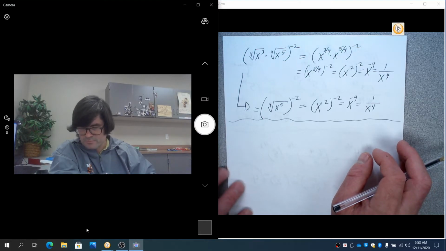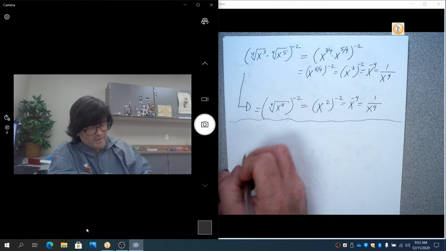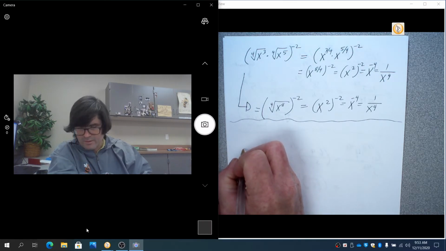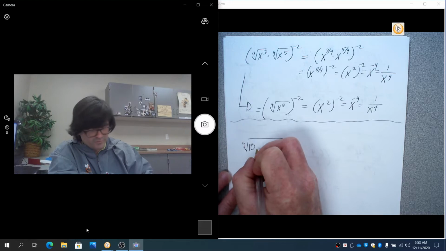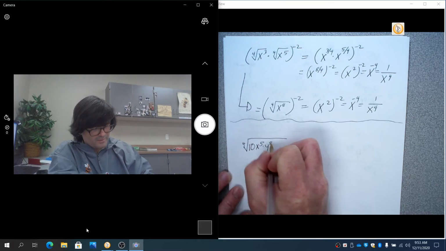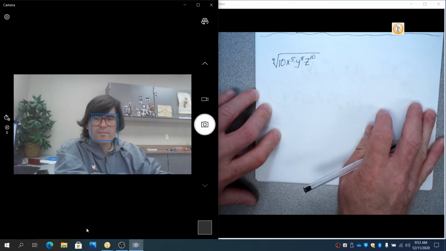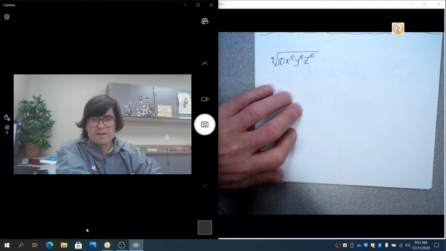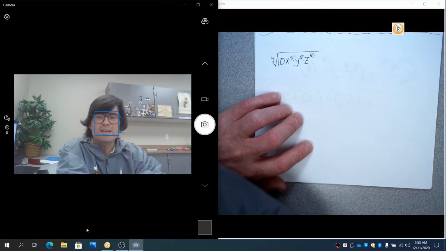Let's keep rolling. Sometimes you may have something that looks like this, and you're just asked to simplify it. X to the 5th, y to the 8th, z to the 10th. So here, I'm feeling like I might strike out because there don't appear to be any real obvious perfect fourth powers.